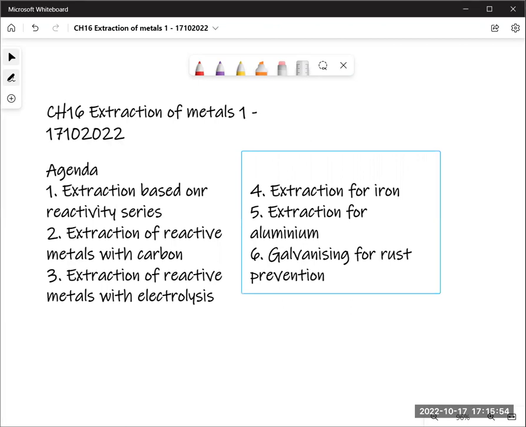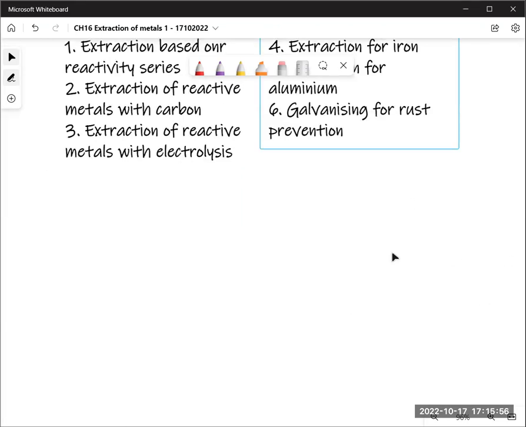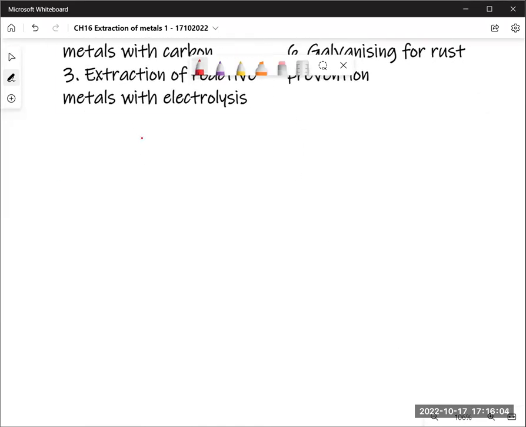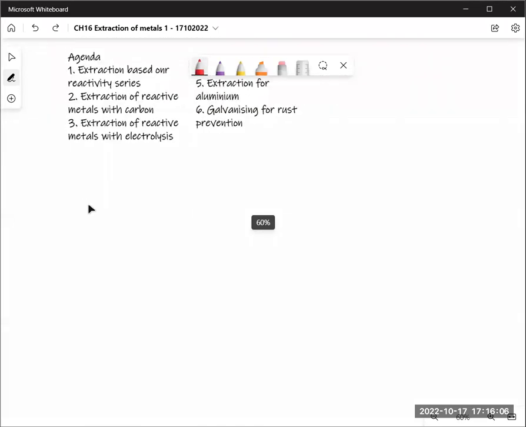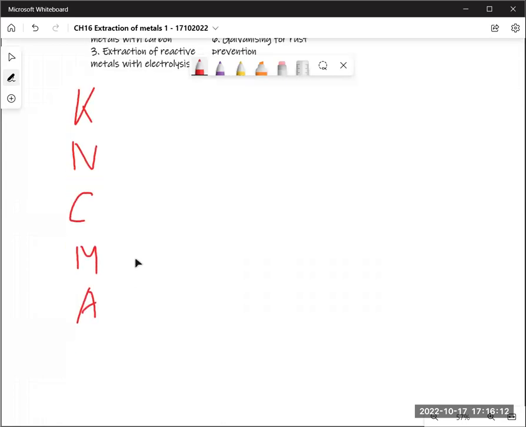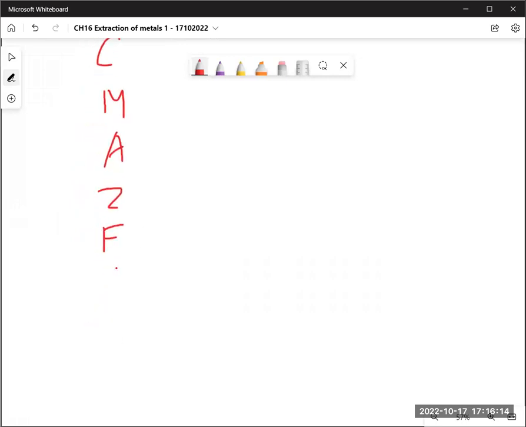Okay, so first things first, we look at the extraction of metals based on the reactivity series. That's the first thing we're doing. I like the reactivity series here. Let's say I've memorized it like this: Kan, kama, zaf, sab, ka.